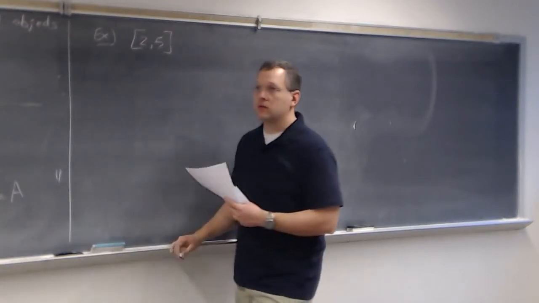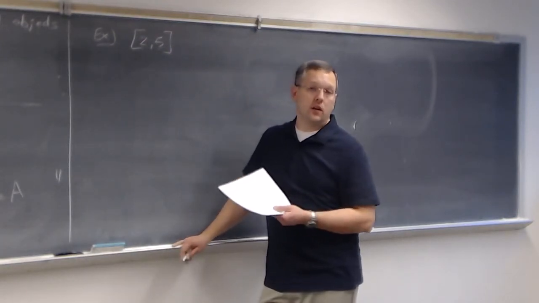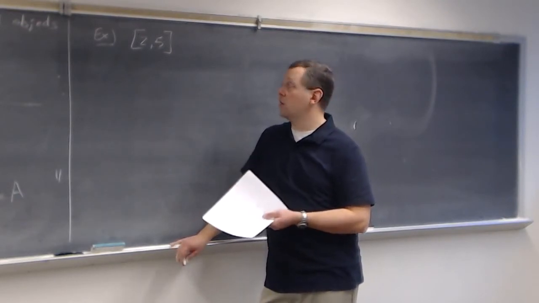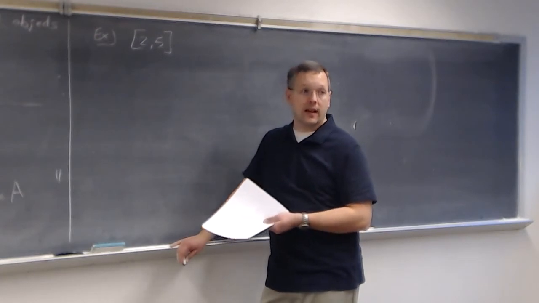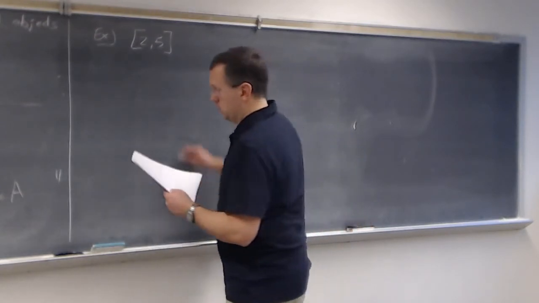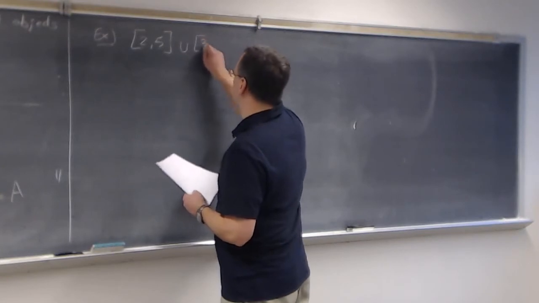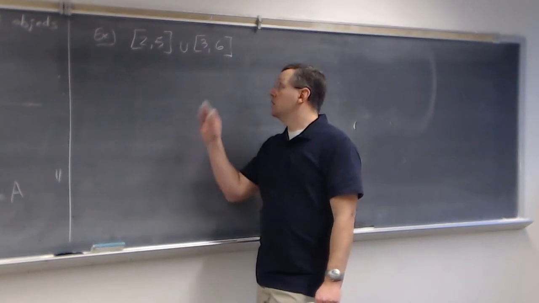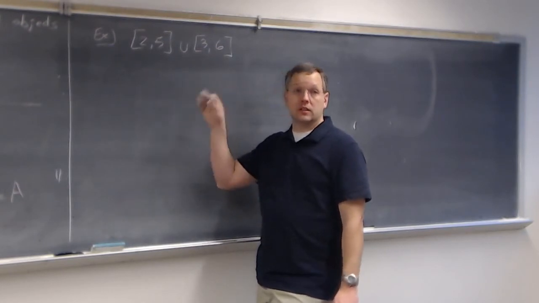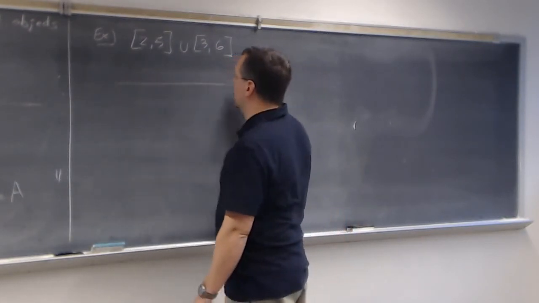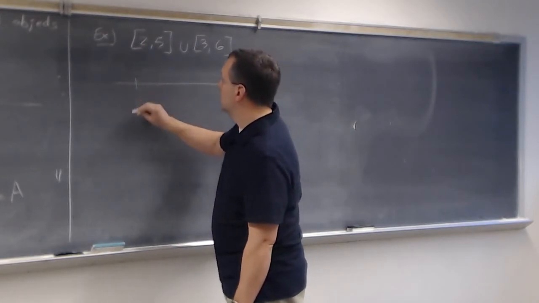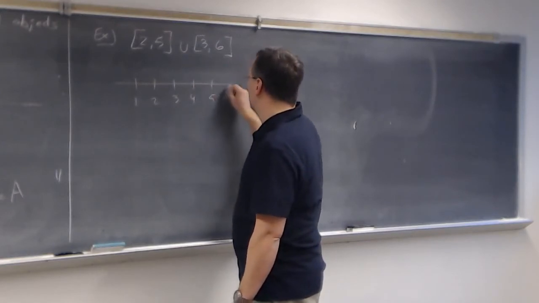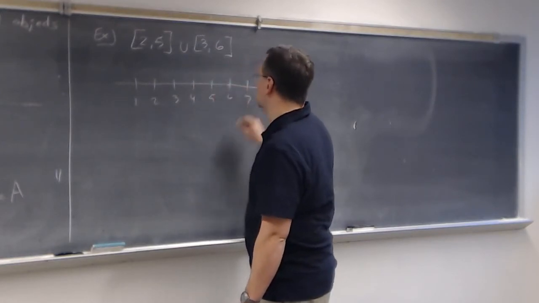So this is an interval, the interval from 2 to 5. Since I have closed brackets, this means the set of all numbers between 2 and 5, including the endpoints 2 and 5. The interval from 3 to 6 is all the numbers between 3 and 6, including 3 and 6. It might be helpful to draw these sets. You're probably used to seeing these on the real line.